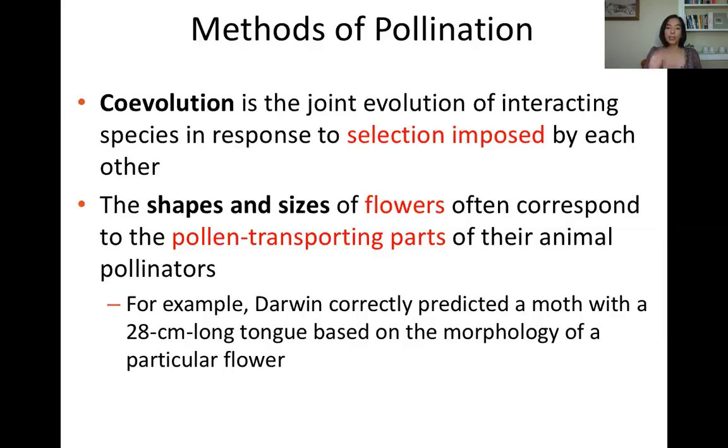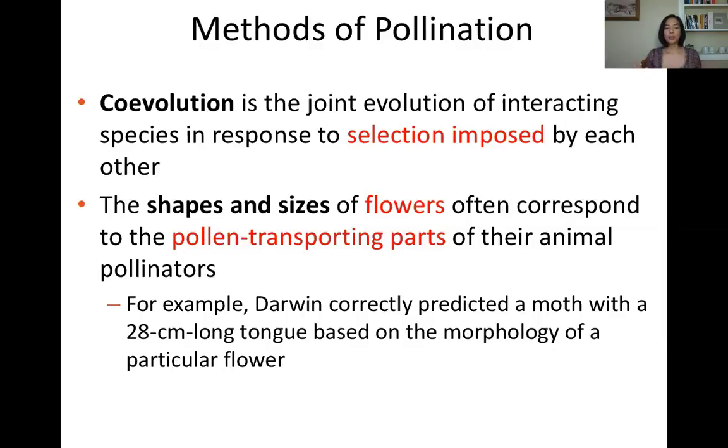But one example is the orchid flower, or Darwin's orchid flower. Darwin predicted that this orchid, okay, so there is an orchid that has a long structure that is almost 28 centimeters long, and it has the nectar at the bottom. What would be a pollinator that will pollinate this plant?